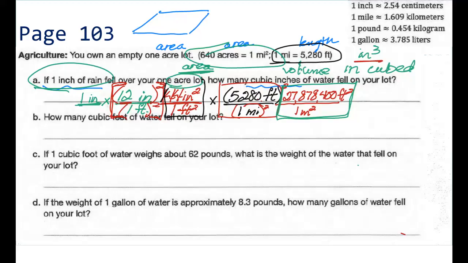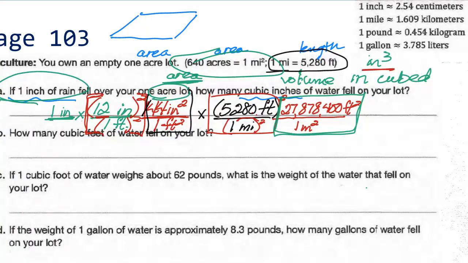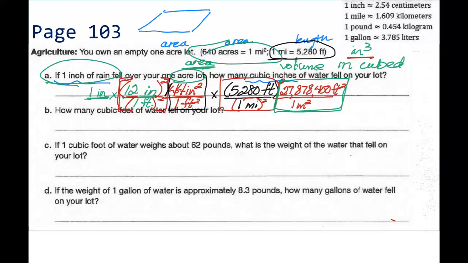Okay. And we are trying to figure out how much rain fell on our 1 acre. So I need to multiply this by 1 mile squared divided by 640 acres.